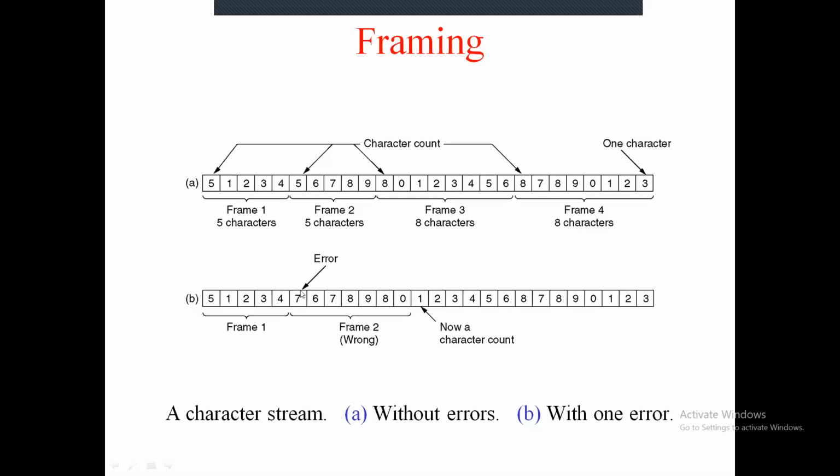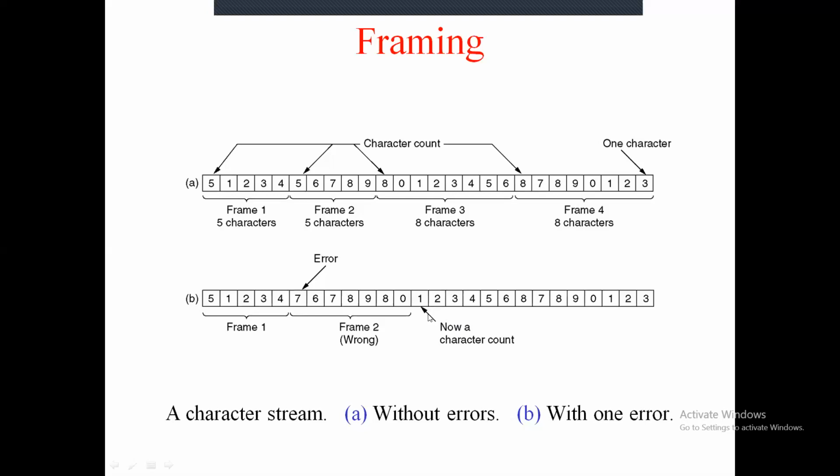Here one value is changed to 7. 1, 2, 3, 4, 5, 6, 7. What happens here? What is the size of the frame? One value is modified. Then what is the next character count? 1. Here that is a problem.